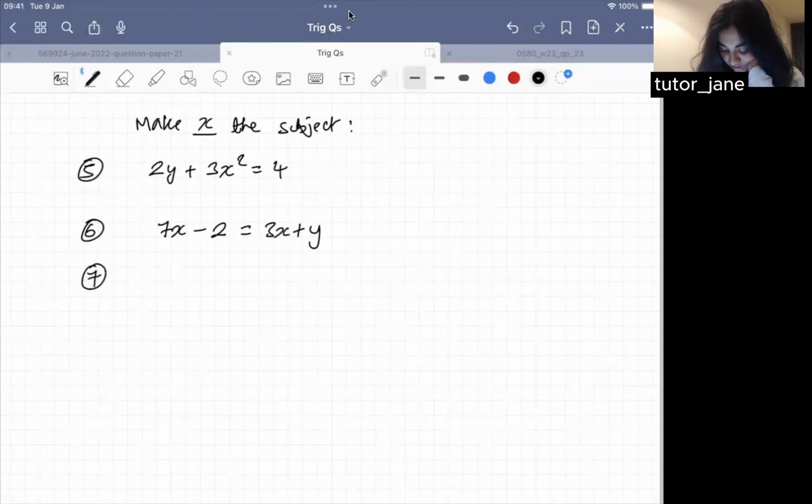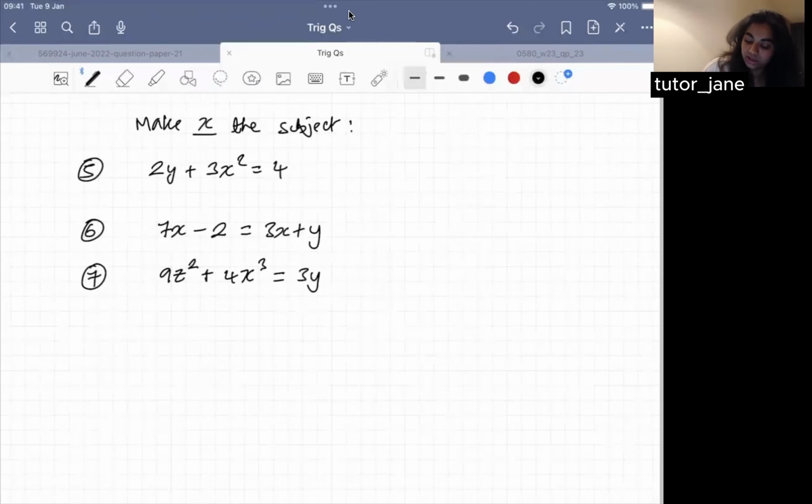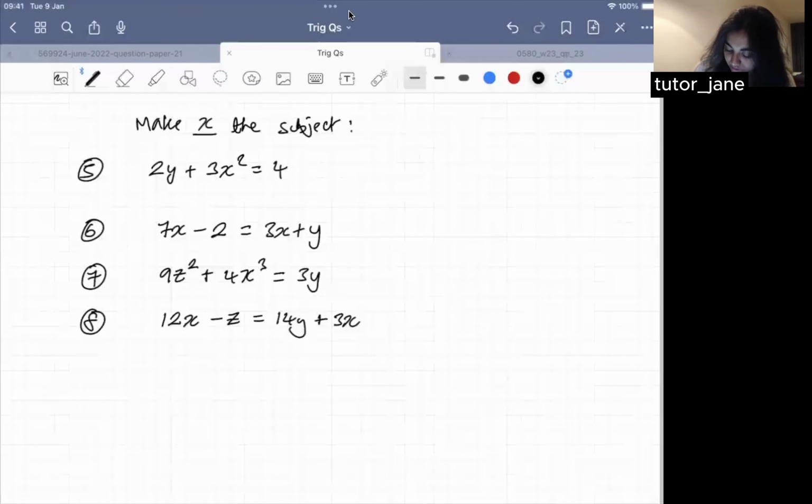Question 7, 9z squared plus 4x cubed equals 3y. And last one, question 8, 12x minus z equals 14y plus 3x.